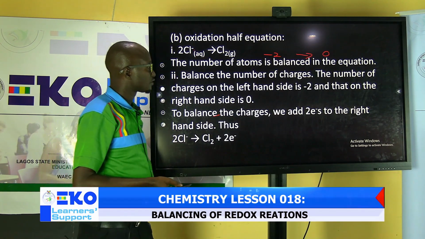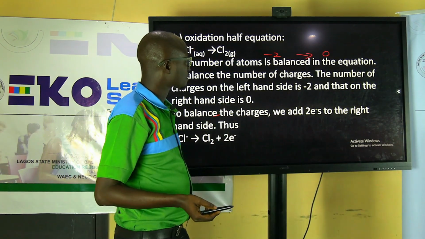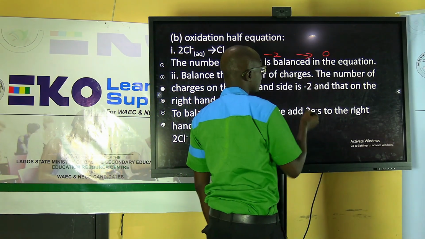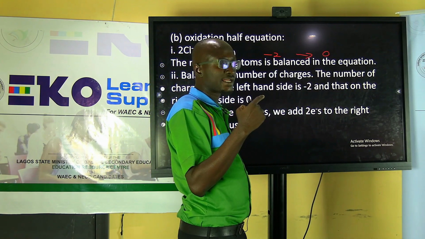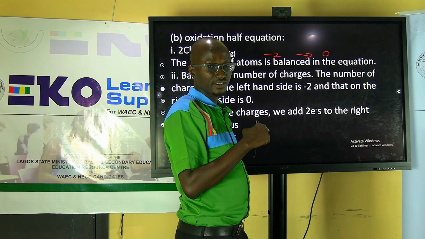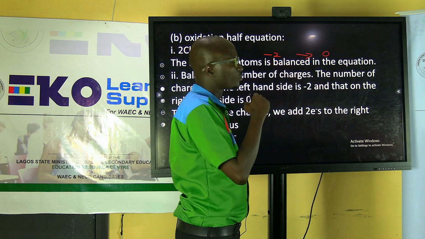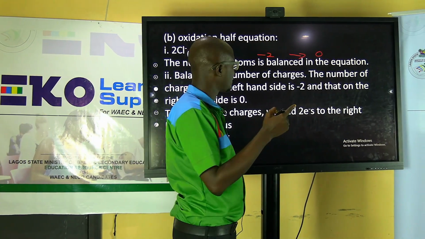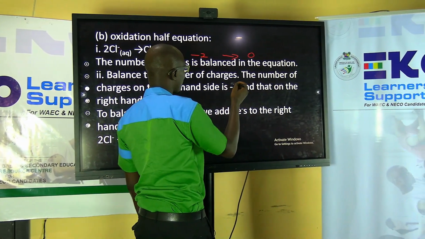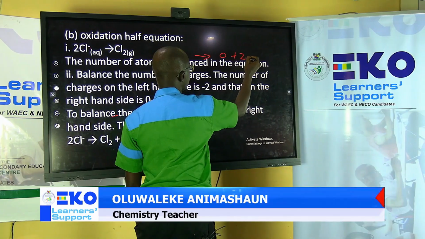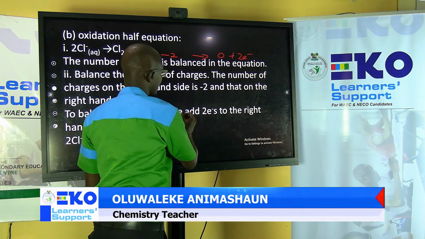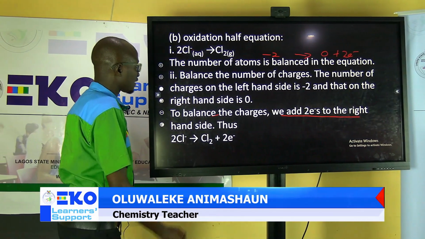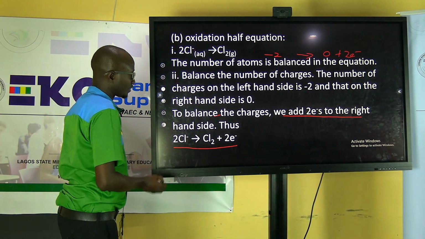Oxidation simply means loss of electrons. Remember, in the reduction half equation, I added electrons to the left-hand side. Here, for the oxidation half equation, we add electrons to the right-hand side. So for me to balance it, I'll add +2e- to the right-hand side. So that's what has been done here.